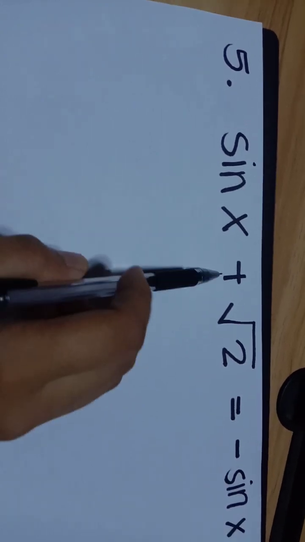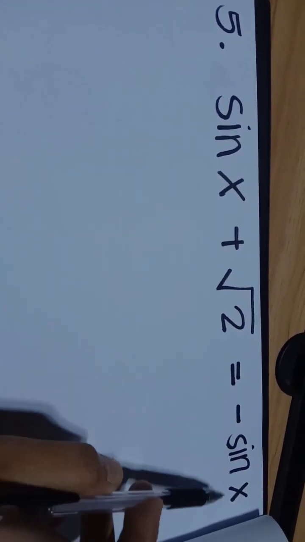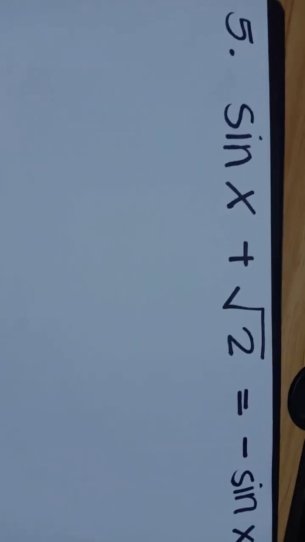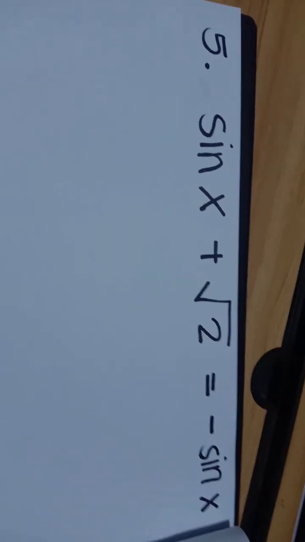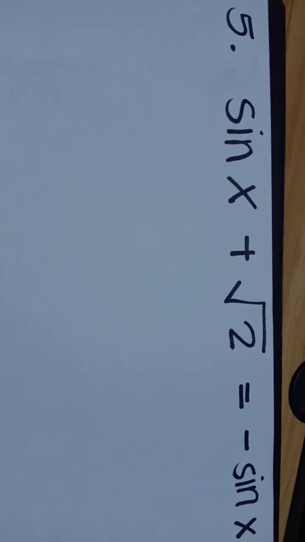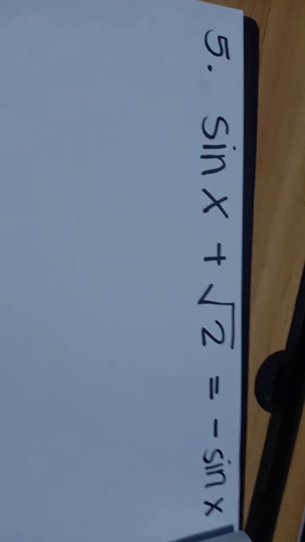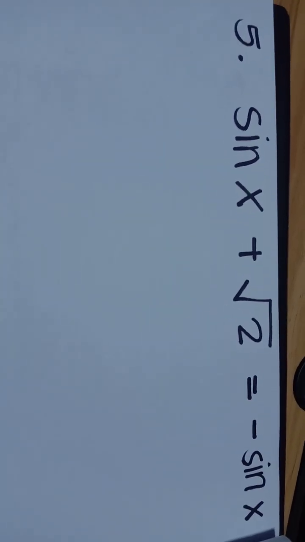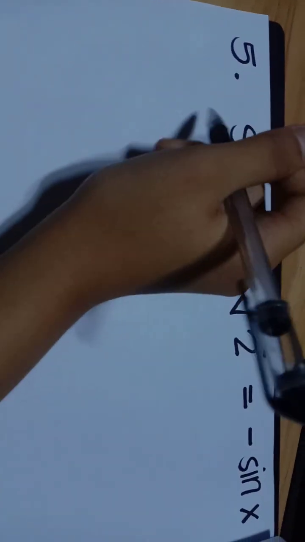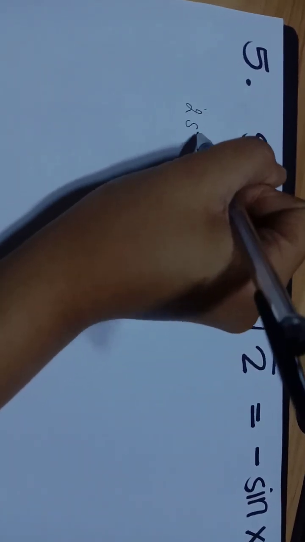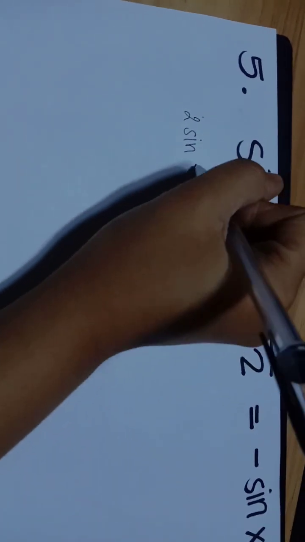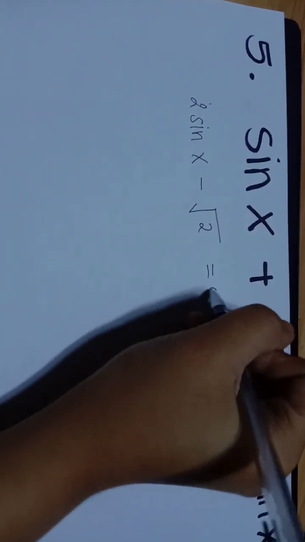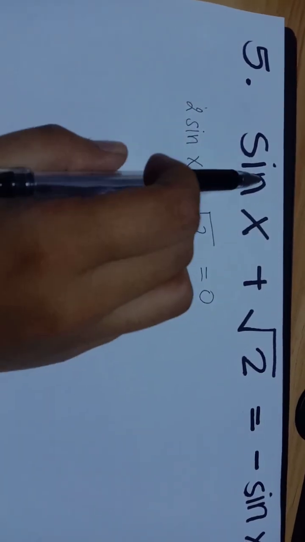This time, last example: sine x plus square root of 2 equals negative sine x. You have 2 minutes to answer this, okay? Your timer starts now. Okay, time's up. Let's see if you got the correct answer. 2 sine x plus square root of 2 equals 0.